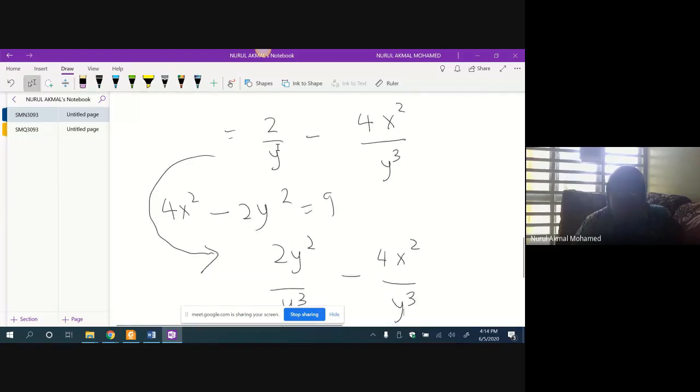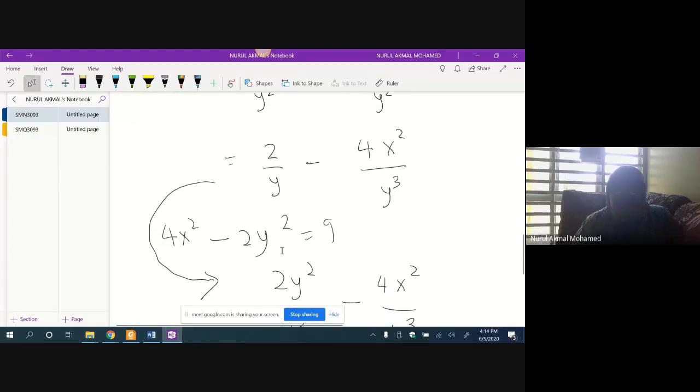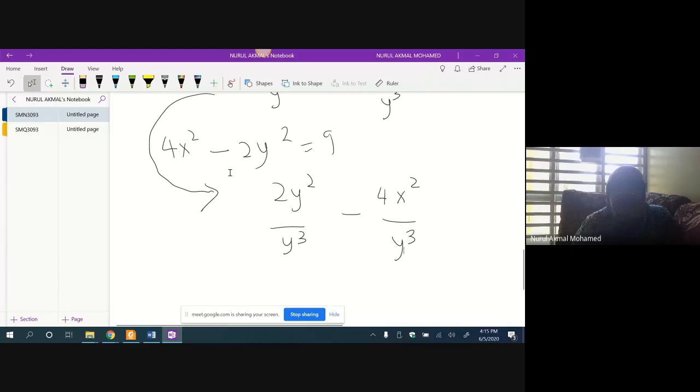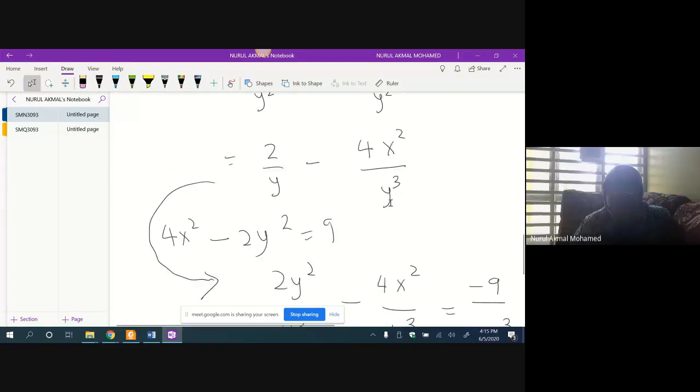So if we write it in terms of this, the whole thing for the numerator is actually equal to negative 9. So the answer will be negative 9 divided by y cubed.